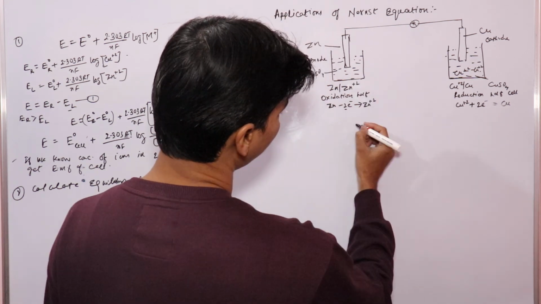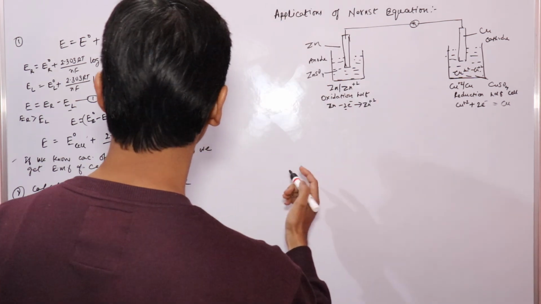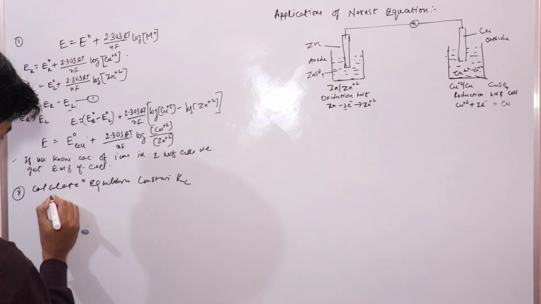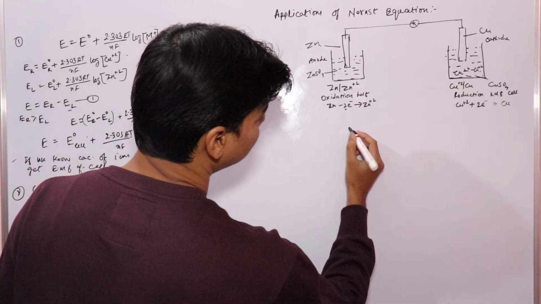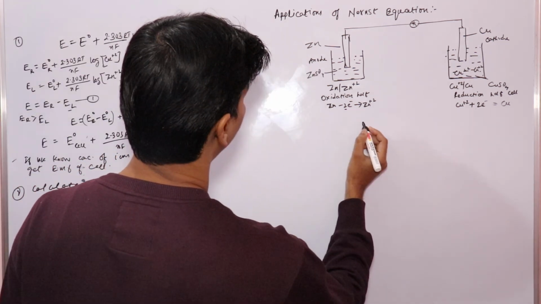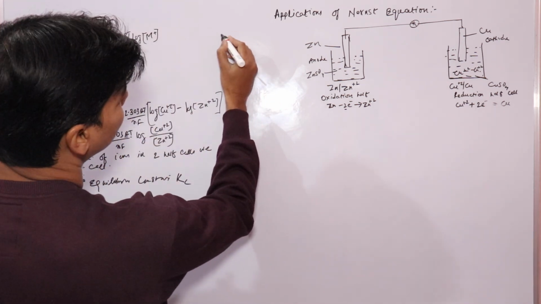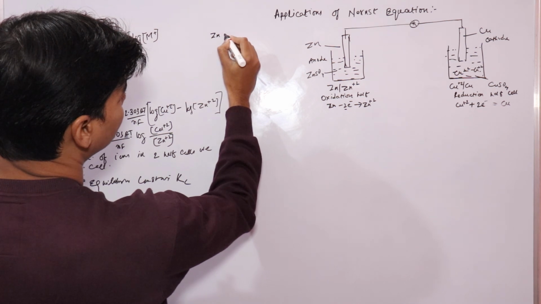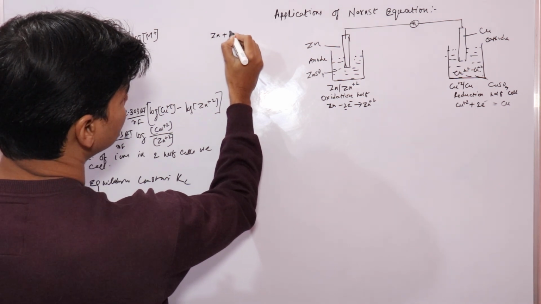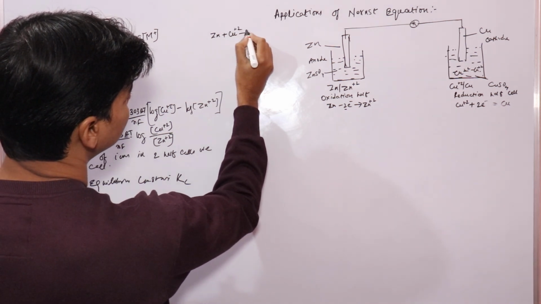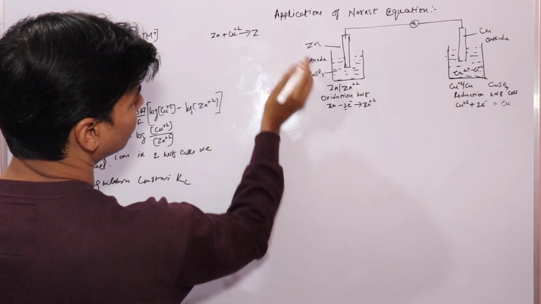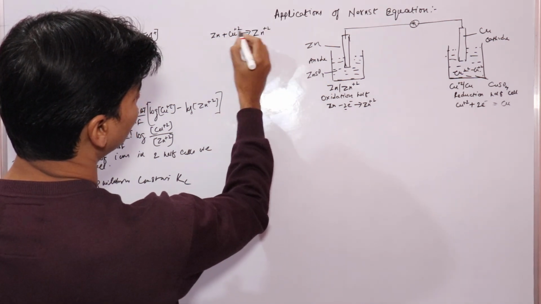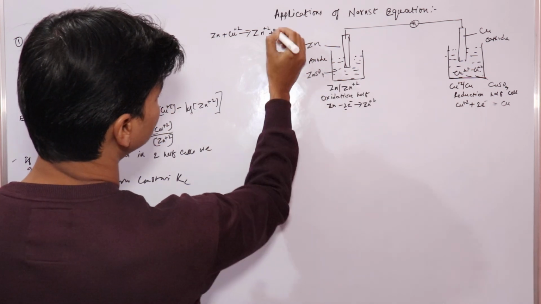So what is the reaction taking place here? I'll write it over here: zinc plus copper ions, where zinc is getting oxidized to zinc ions and copper ions are getting reduced to copper, as per this reaction.